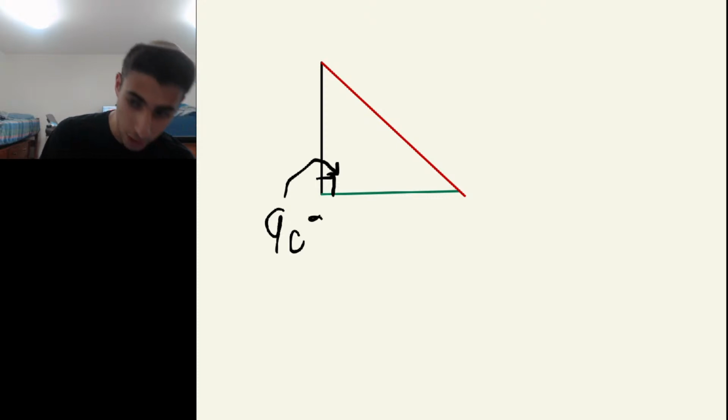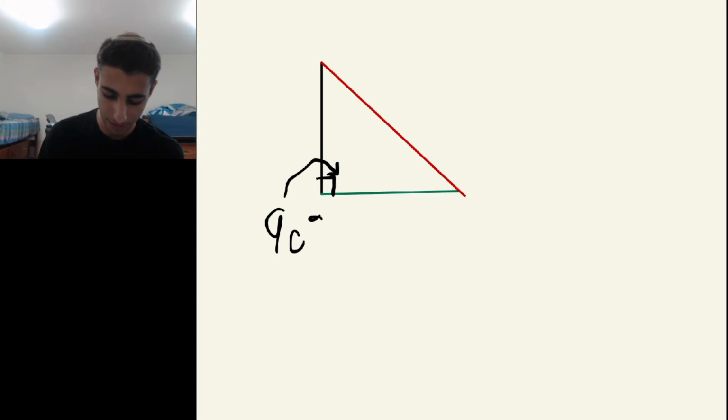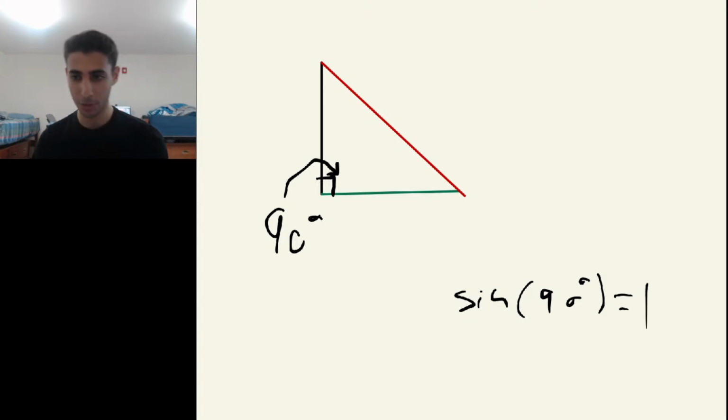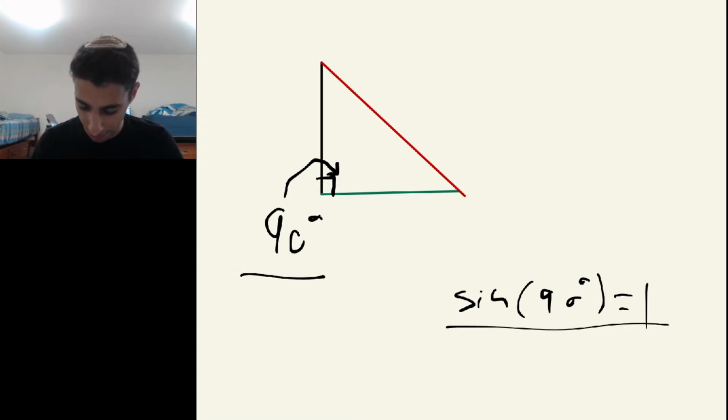You want me to do a triangle where every angle is the sine of 90 degrees. The sine of 90 degrees equals 1. You know that from the unit circle. So clearly I cannot do that, because this one needs to be 90 degrees for it to be a right triangle, and you want all the angles to equal 1. So already we have a problem.